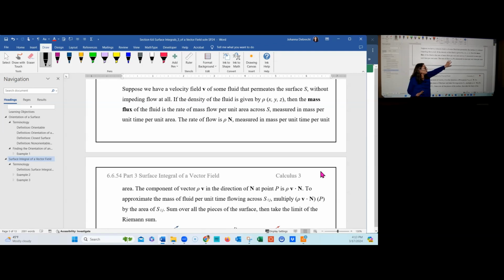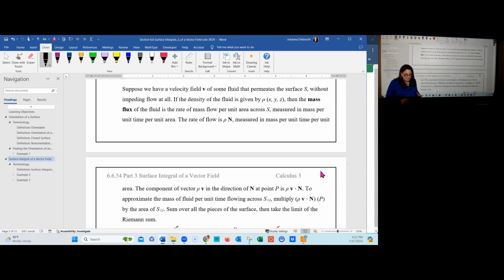The rate of flow will be the density times the normal vector, measured in mass per unit time per unit area. The component of the vector rho times the vector field v in the direction of the normal vector of the surface at point P is rho v dot n.